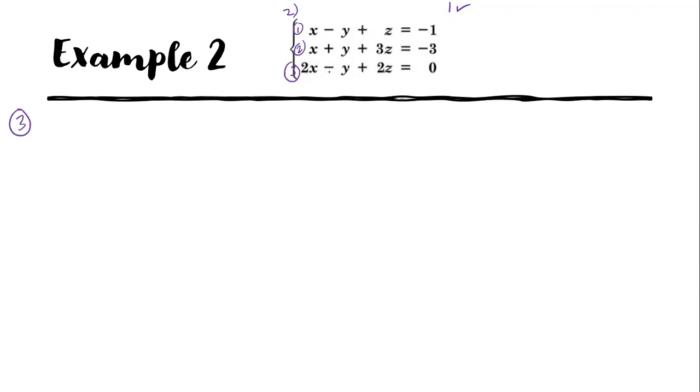When I look here, I have negative and positive y's. So a giveaway for a variable to eliminate would be my y's. So looking at my y's, these are good ideas to eliminate. So the first 2 that I'm going to add together are 1 and 2.